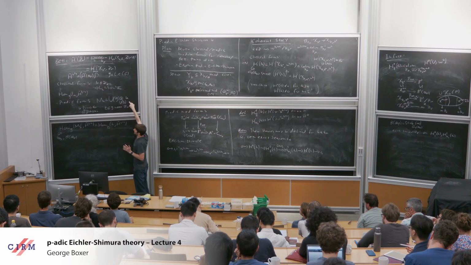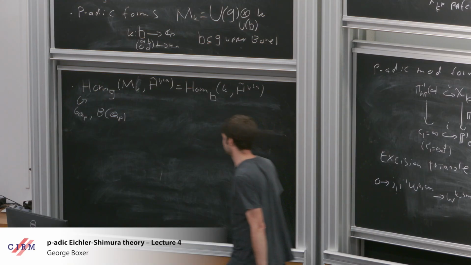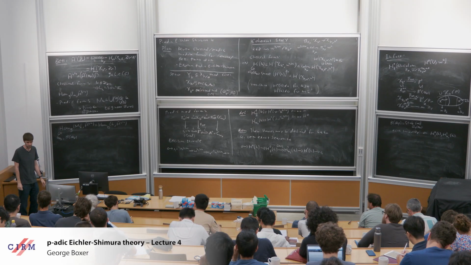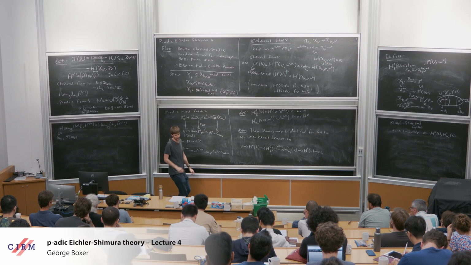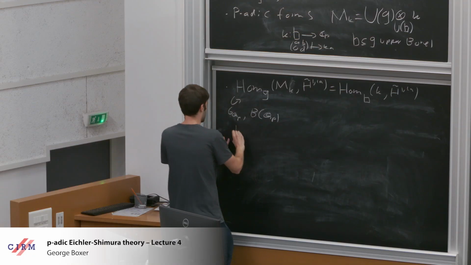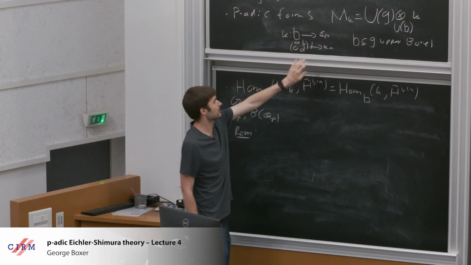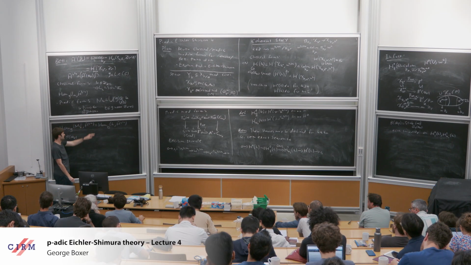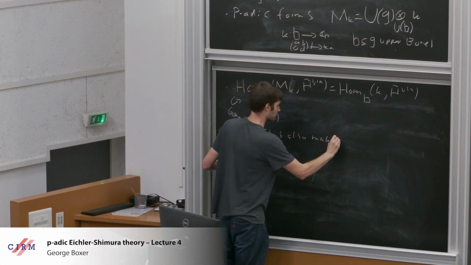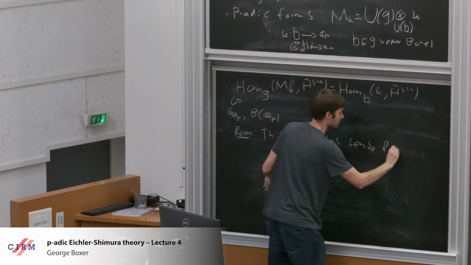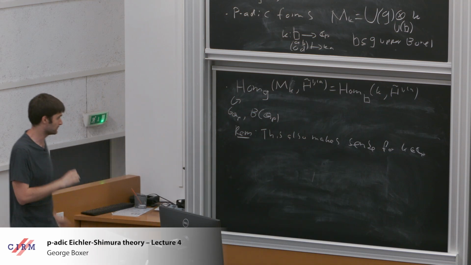So it's only a representation of B and not of G, but it does have an action of the Lie algebra of g. This also makes sense if I take k to be in C_p, but for today I'm always going to take it to be an integer.